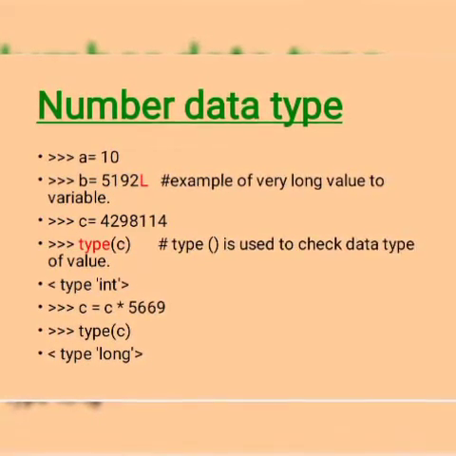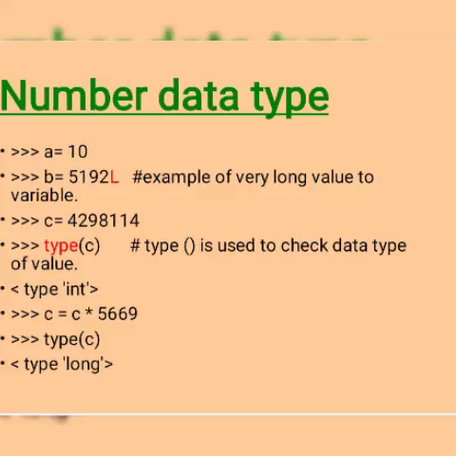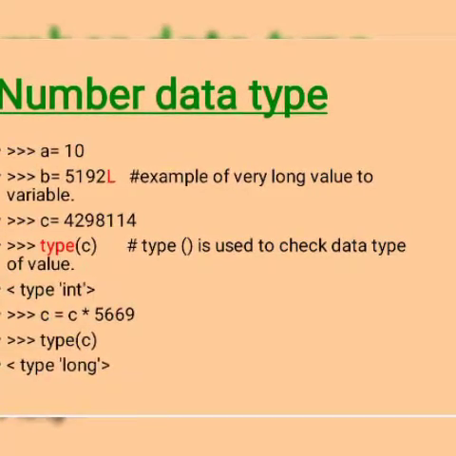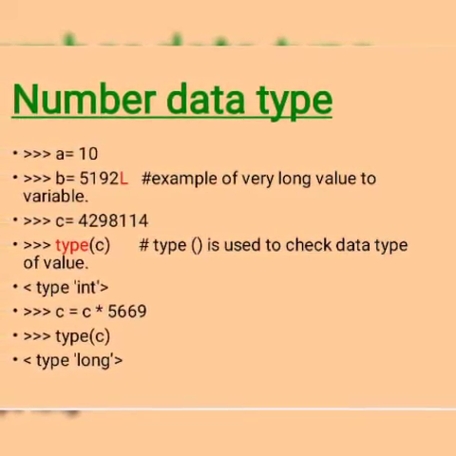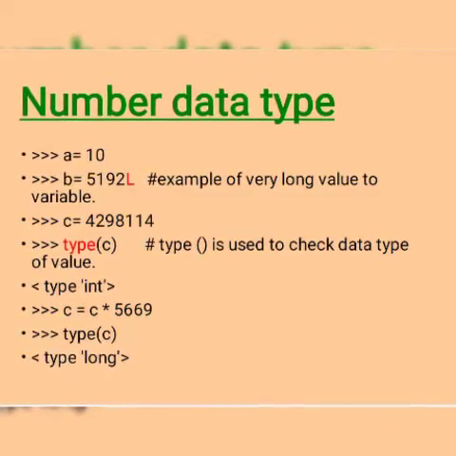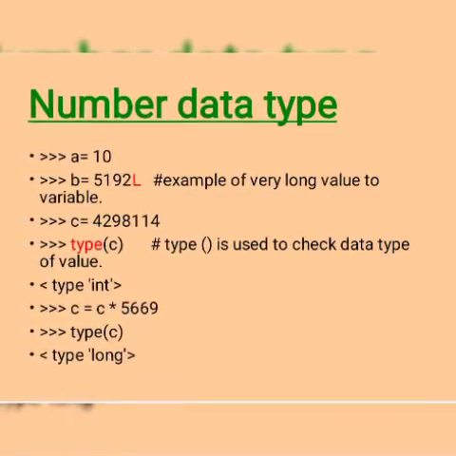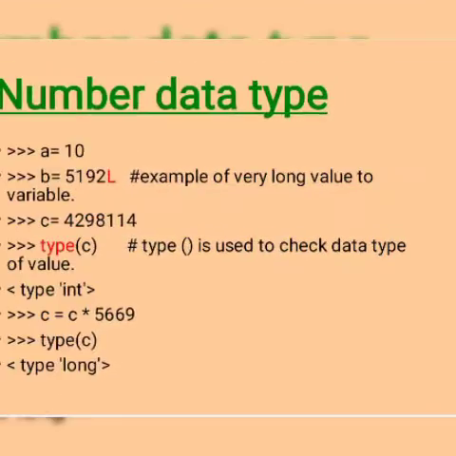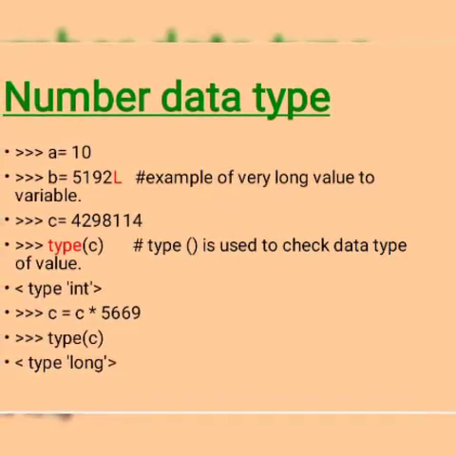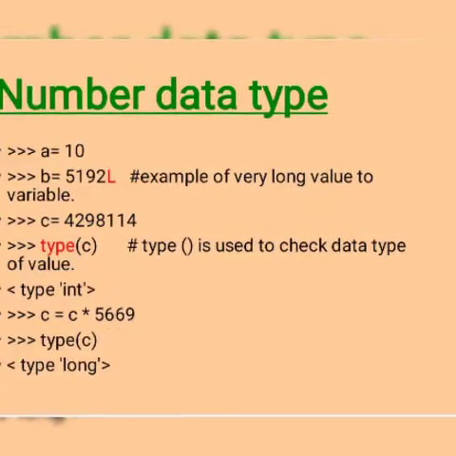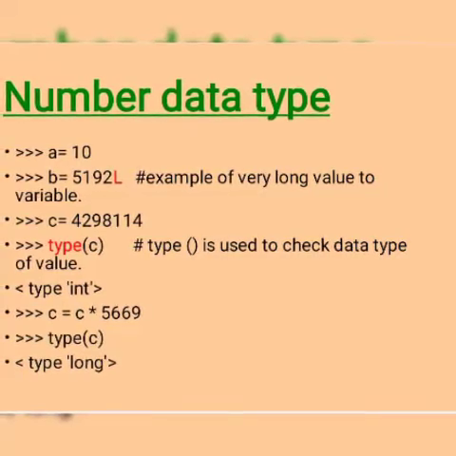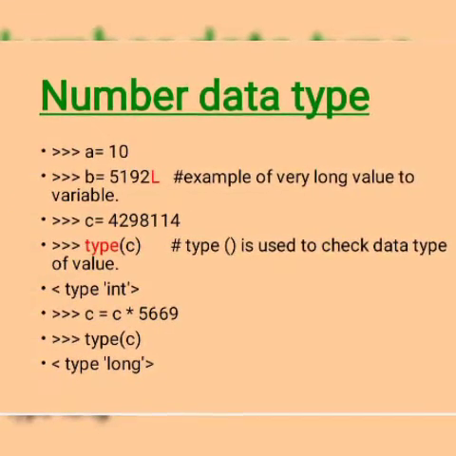When we write hash, that means we are writing a comment for this command. I have written that this command is an example of supplying a very long value to a variable. We are giving a very large value to the variable, that's why we have appended the value with capital L.